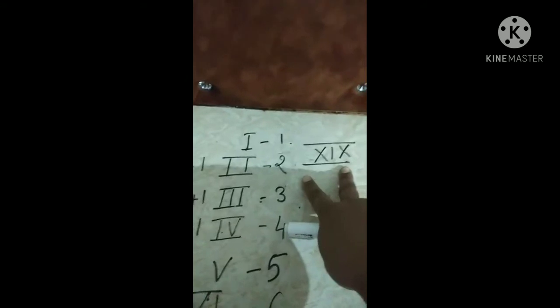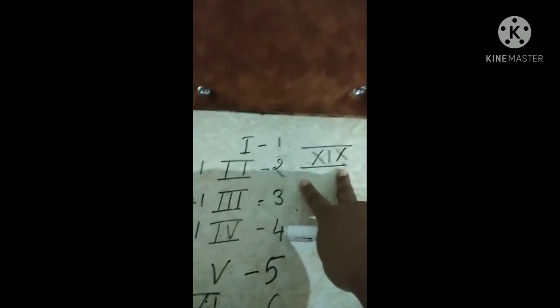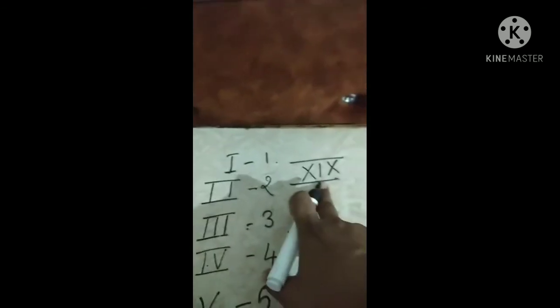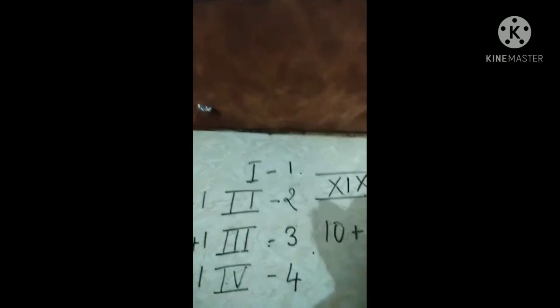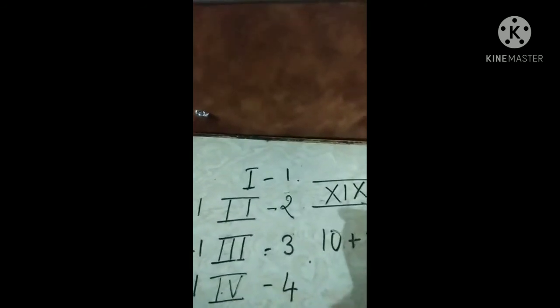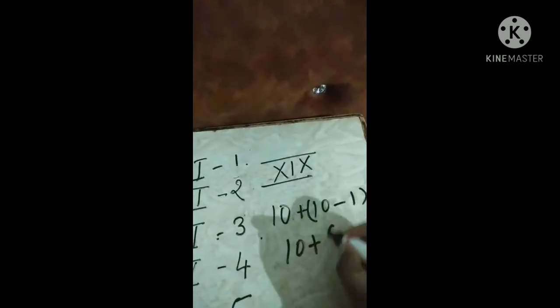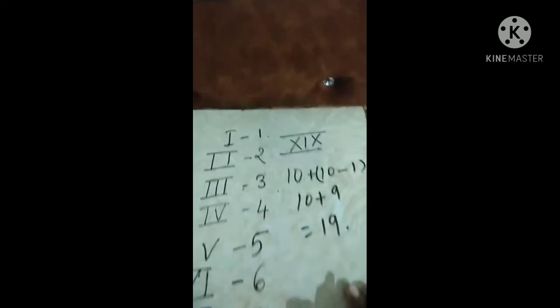Now we have to take out its value, and for that this X stands for 10, and the smaller Roman numeral we have to subtract from the greater, that is 10 plus 10 minus 1, and that is equal to 10 plus 9 is equal to 19.